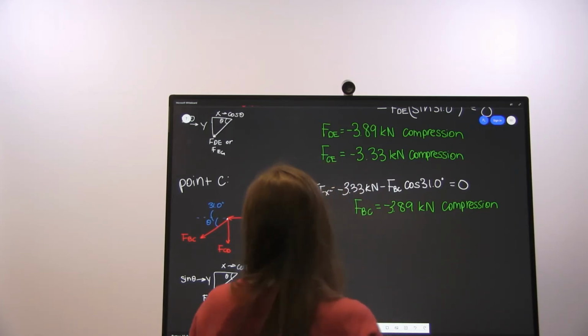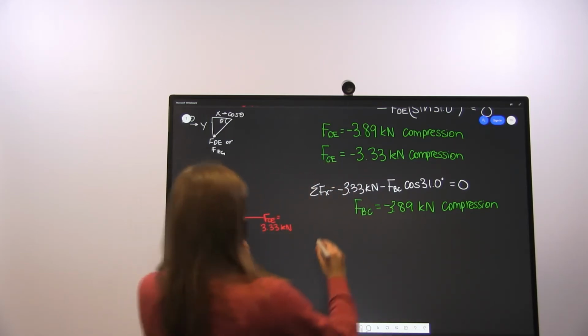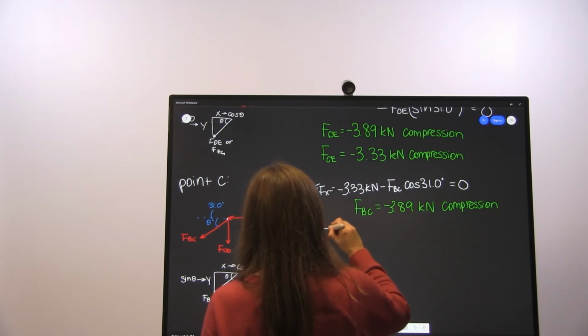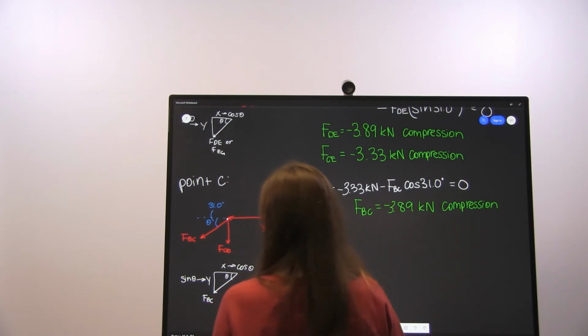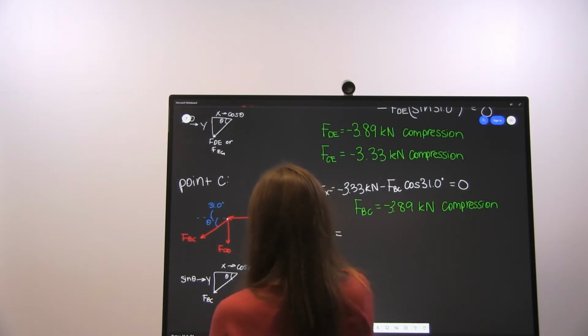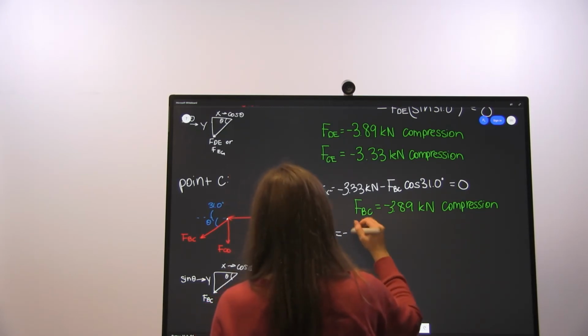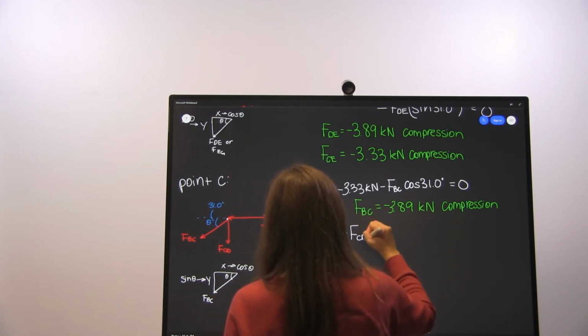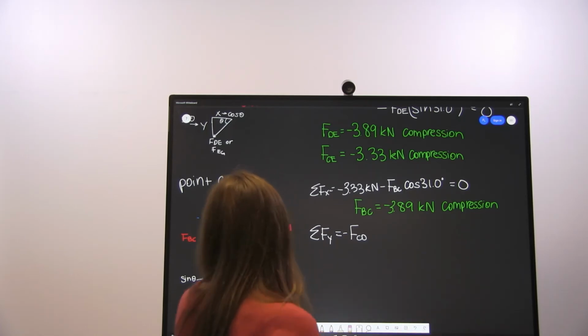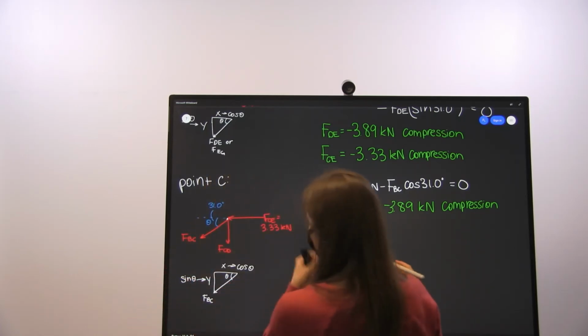And then we can write our equilibrium equation for the forces in the y direction. We have this negative force of CD going downward, and then we also have our y component of BC.